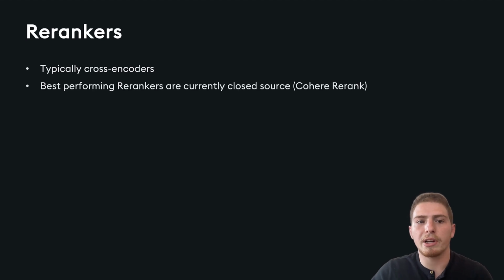The best performing re-rankers are currently closed source, and there's a few of them that perform extremely well, including Cohere Re-Rank, and Voyage.AI recently came out with a very well-performing re-ranker as well.